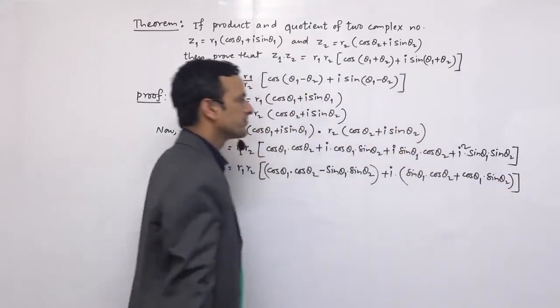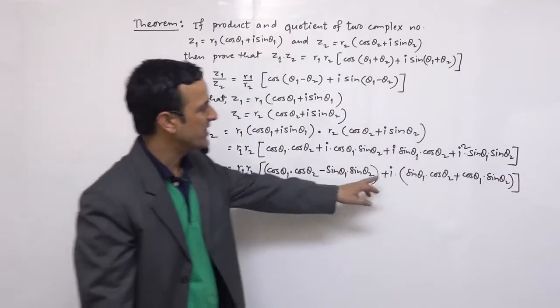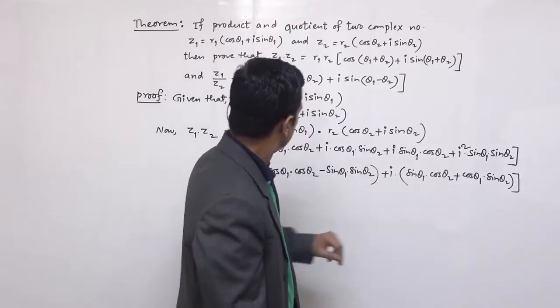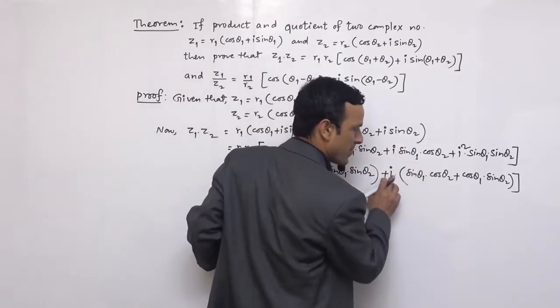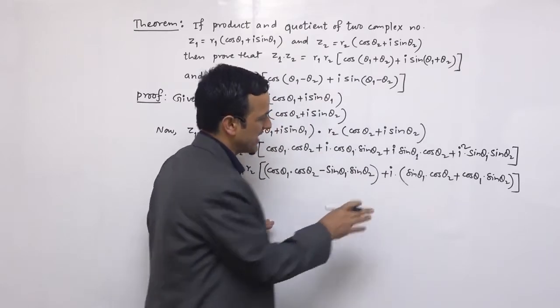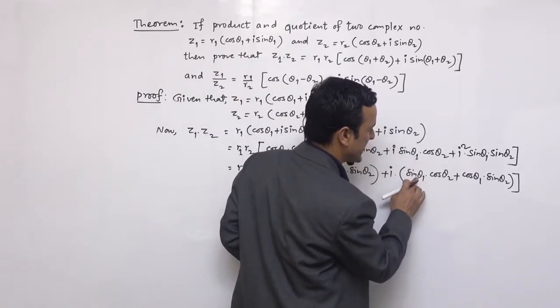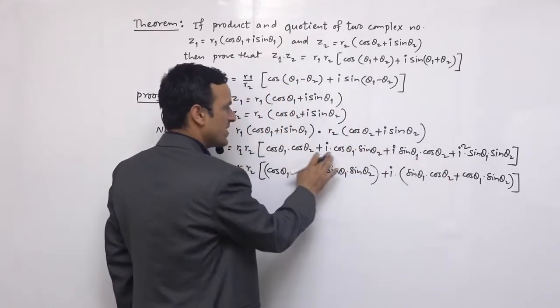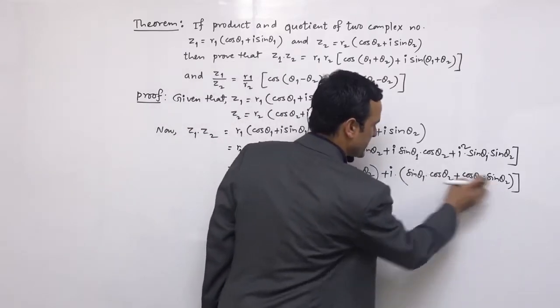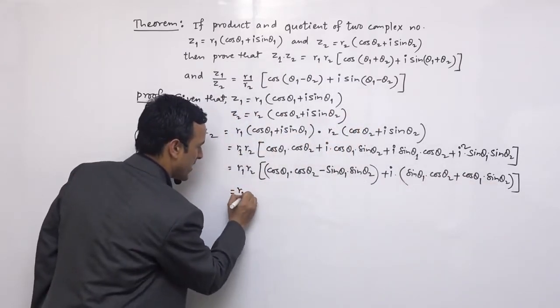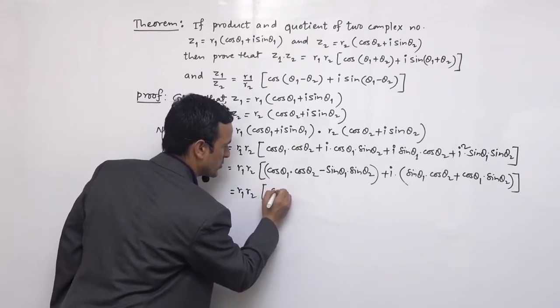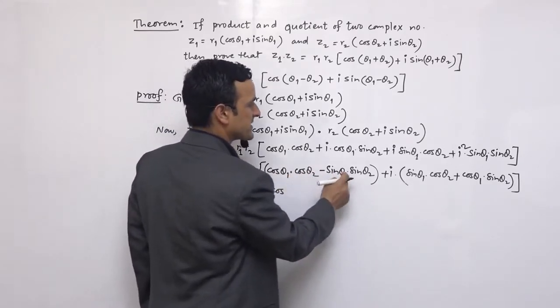So this is the another part having i. So this i and i, common i, and the remaining term is this one, sin A cos B plus cos A sin B. This is the remaining part, and R1 R2 is equal to cos A cos B minus sin A sin B.